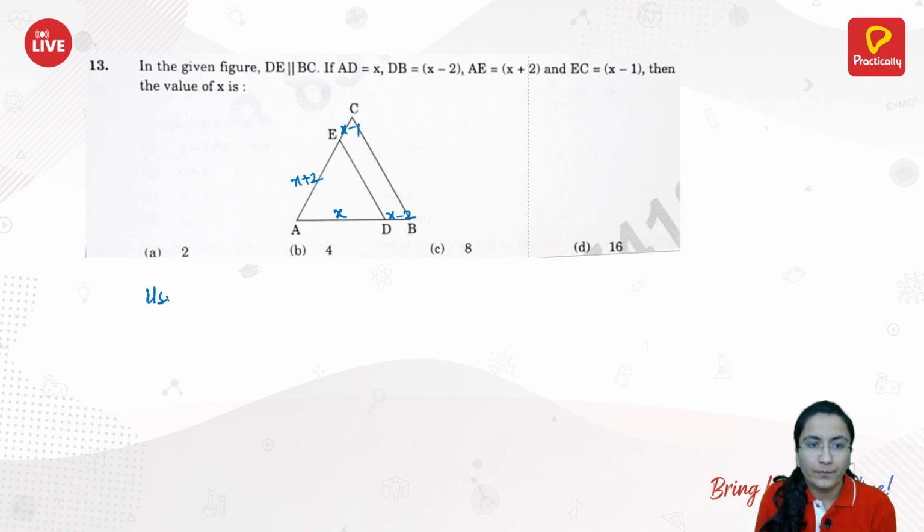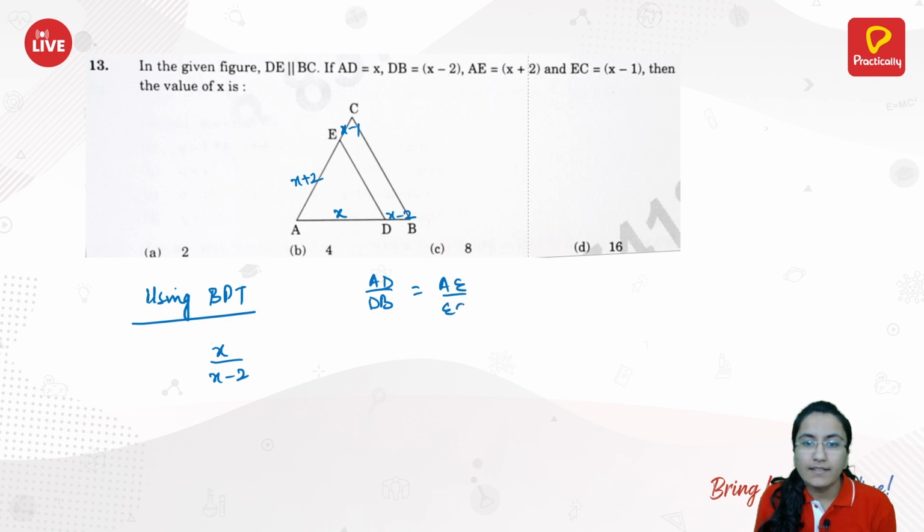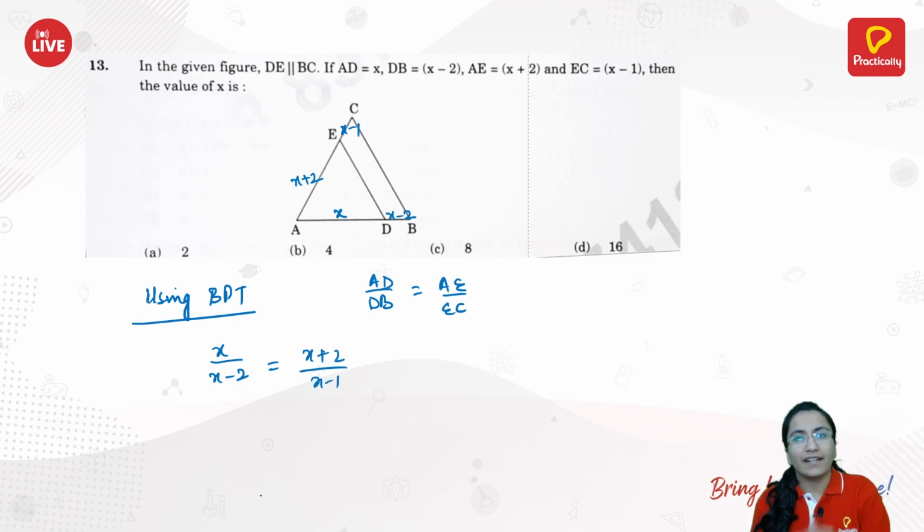Using BPT, you have AD by DB is equal to AE by EC. So x by x minus 2 is the same as x plus 2 over x minus 1. You just need to rotate your question paper and see how it is applied, right? Don't apply this in the wrong way.